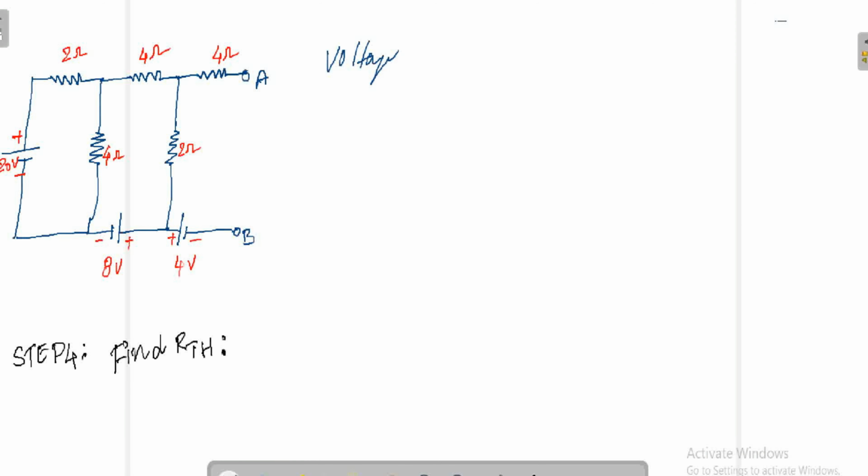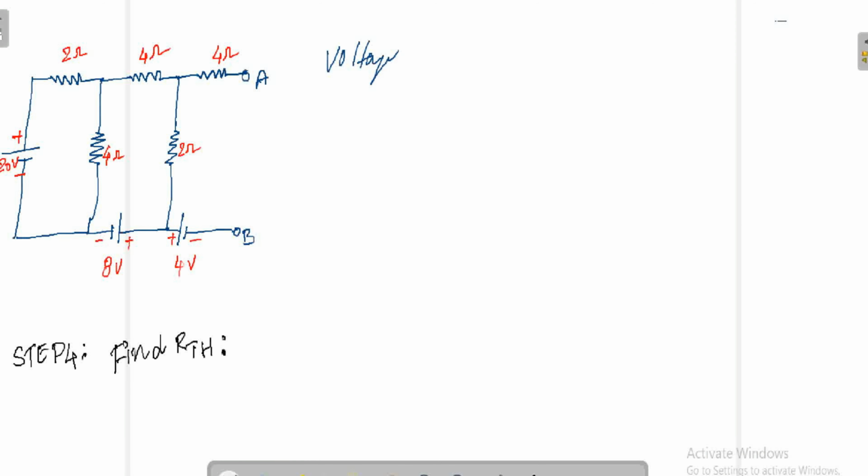So for finding this RTH, if you want to replace the voltage source, just replace it with a short circuit, and replace the current source with an open circuit. If your circuit contains only independent sources, by applying these two steps the circuit becomes like this.